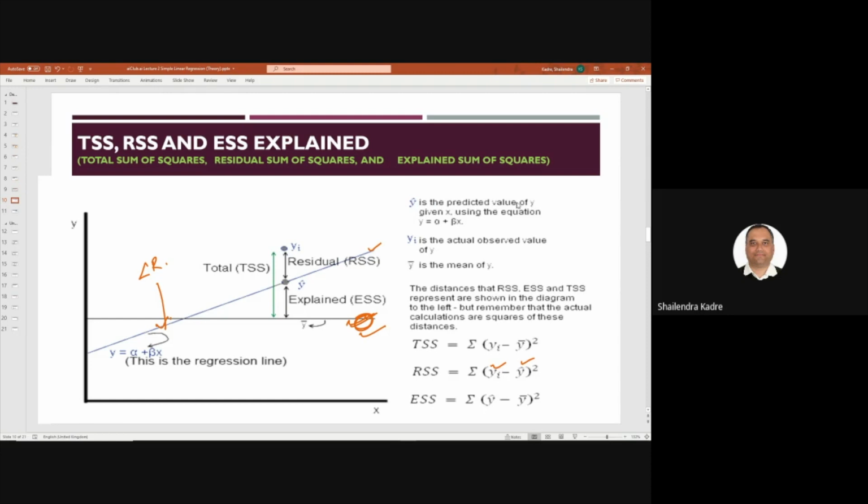Y hat is the predicted value of y given x in the equation. Yi is the actual observed value, and y bar is the mean value of y.